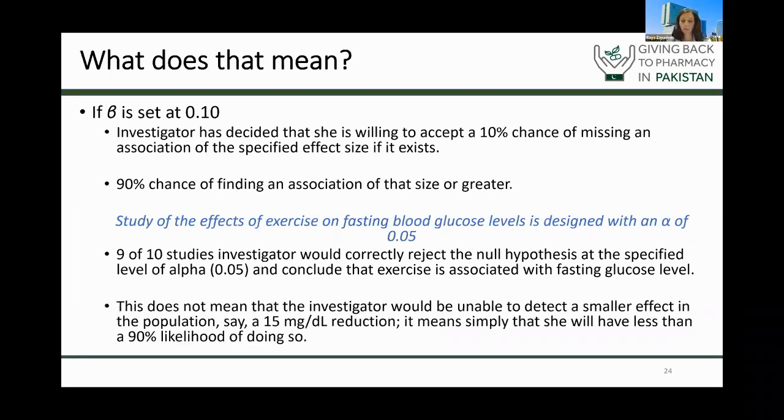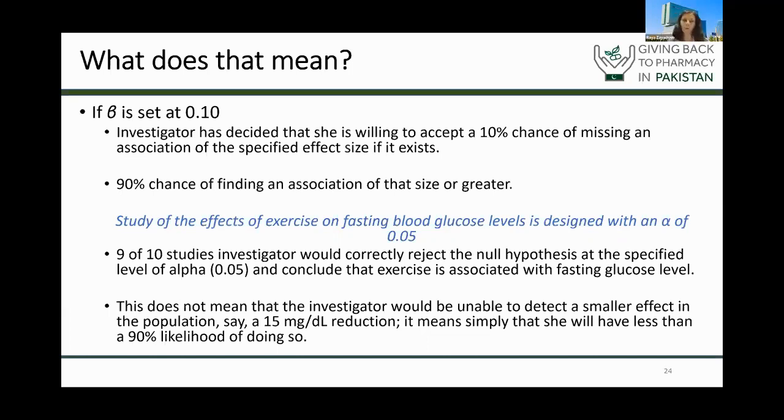This does not mean that the investigator would not be able to detect a smaller effect in the population. Let's say the initial effect we were looking for is a 20 milligrams per deciliter reduction. If you set your alpha to 0.05 and beta to 0.1, 90% of the time you will reach the conclusion that exercise reduces glucose levels by 20 milligrams per deciliter.